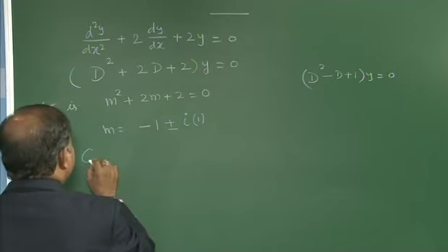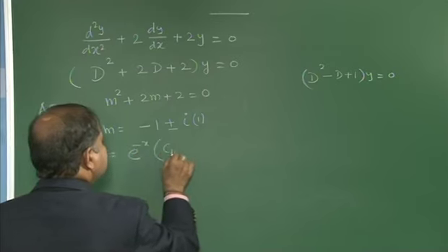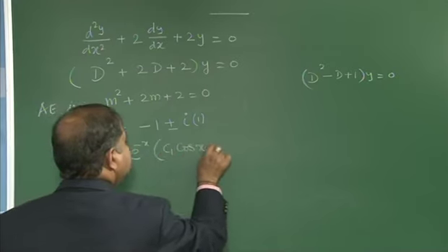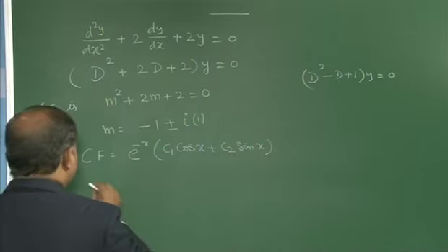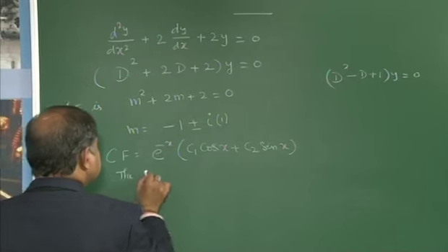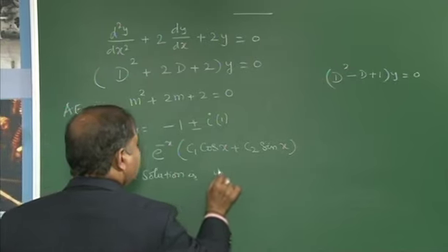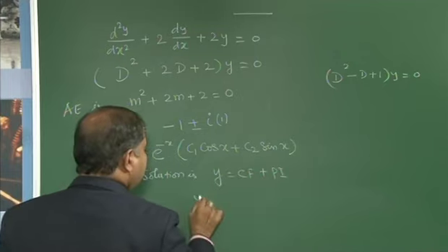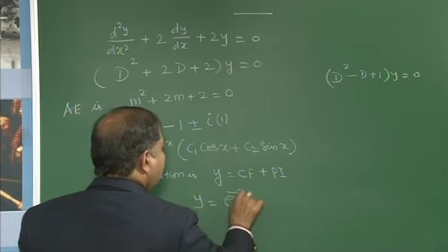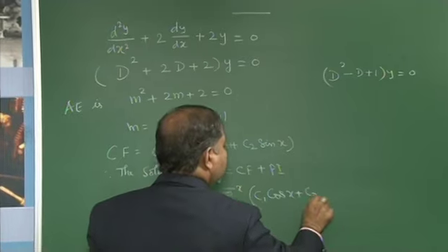So, what is your CF? e power minus x, C1 cos x plus C2 sin x. Therefore, the solution is y is equal to CF plus PI. Here there is no PI, so again only the complementary function is going to be your solution.